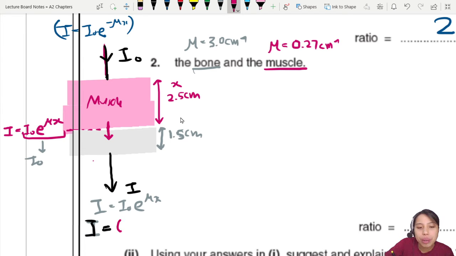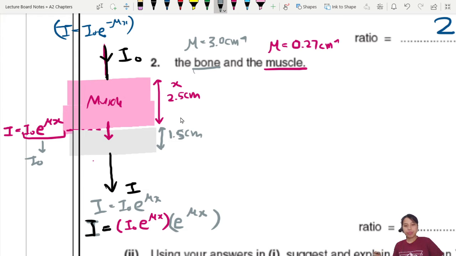So that would be I naught times e to the power of negative mu x for the muscle, times what went through the bone. You see the coloring is a bit different here. This is the so-called I naught that went into the bone. This big black I is the final intensity that comes out through the bone, the muscle, everything. That's the final one.